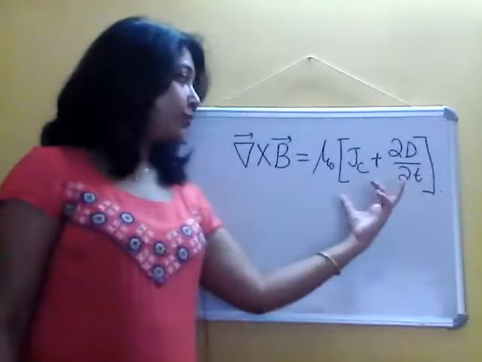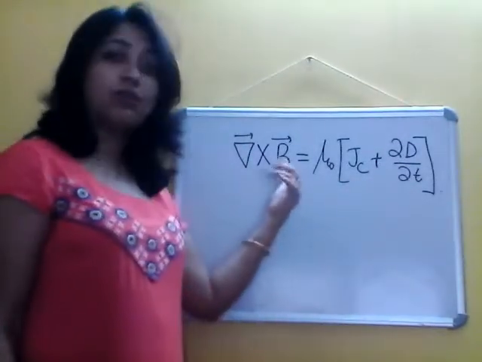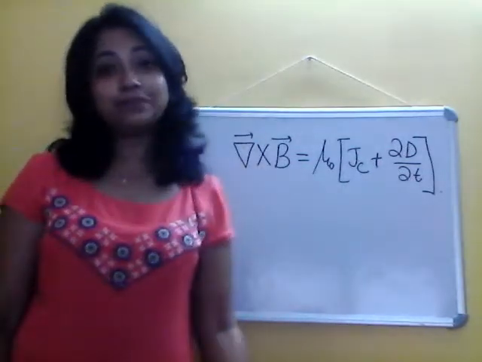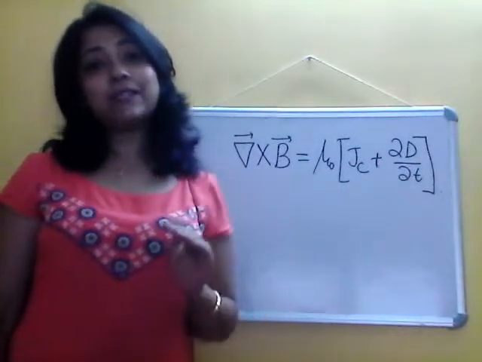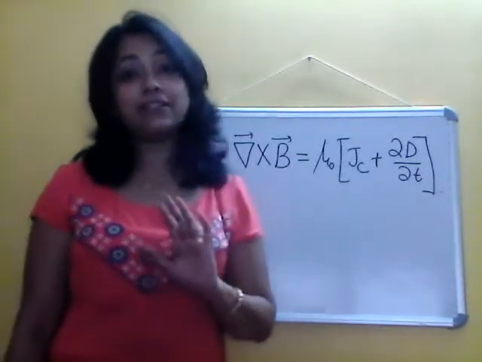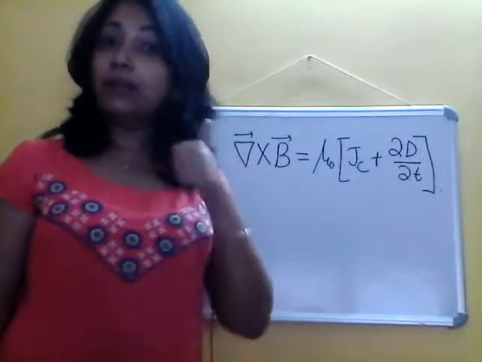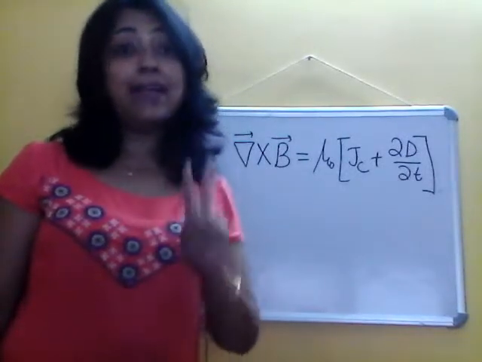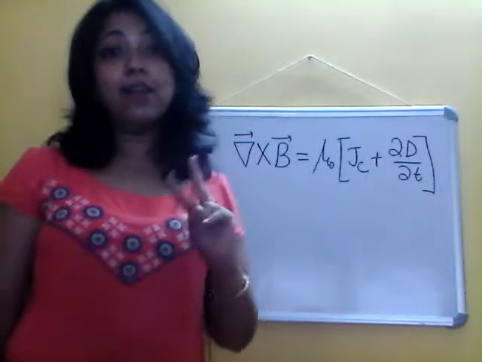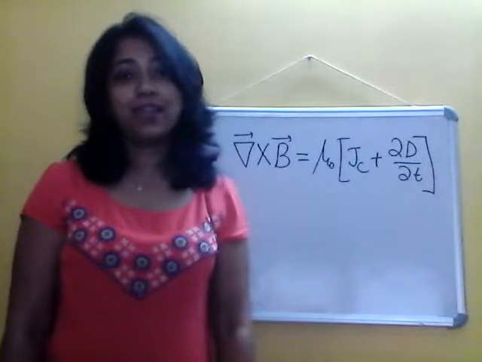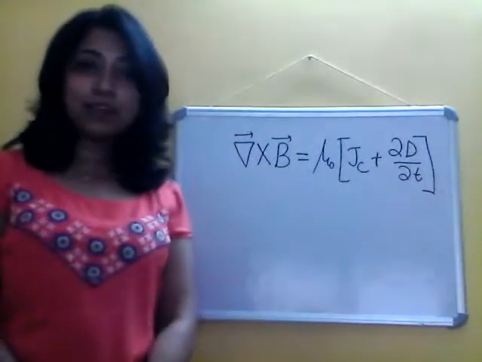And both of their contributions give rise to the magnetic field as was observed in the experiment as well. So as a physical significance, we can draw the inference that production of magnetic fields can be done, one, with the help of a conduction current, and two, by a time variable electric field as well. So is this understood by all of us?